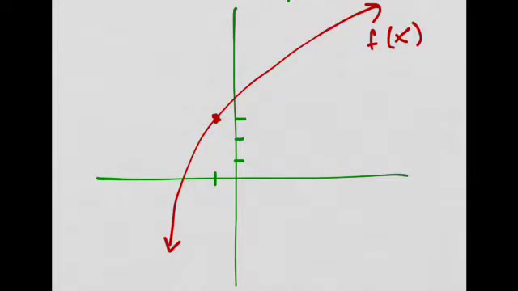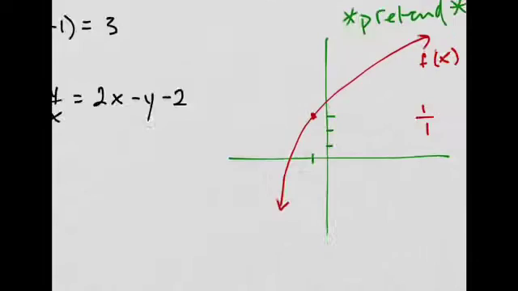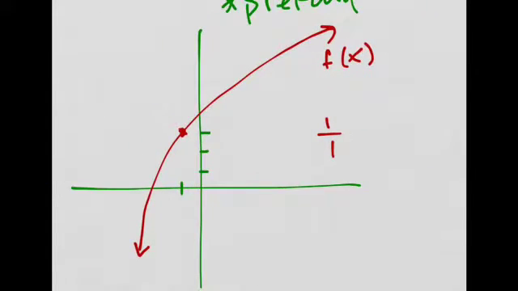So to get from this point to the next point, I move over 1, and the slope is 1 over 1. So then I would go up 1 over 1, and I'd land right there. It might not be exactly on the function.